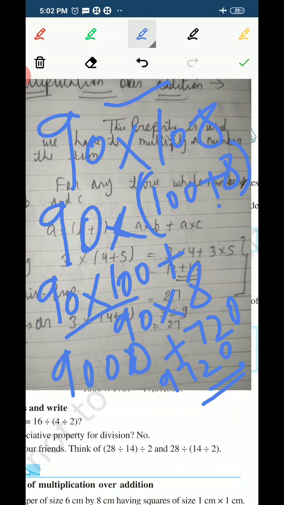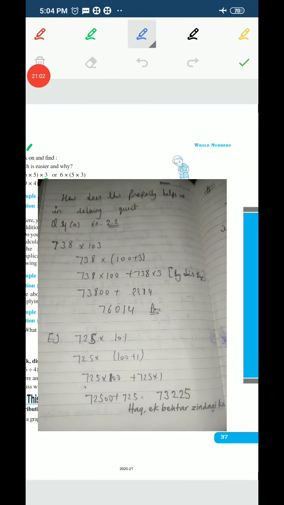If you have not understood this, then I'll give you one more example. Now let's see how the distributive property of multiplication over addition helps us to solve the question. I am taking a question of exercise 2.2 part A, question number 4.